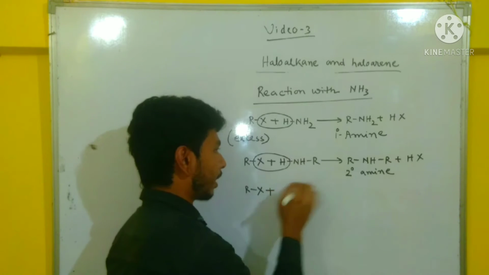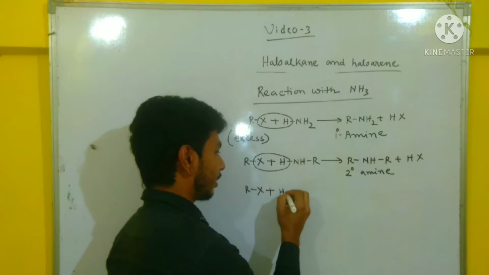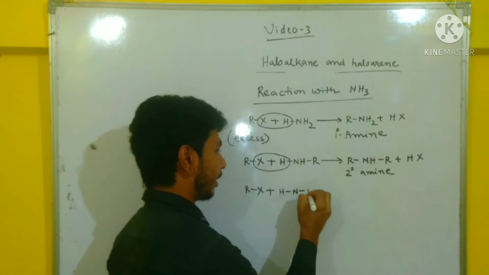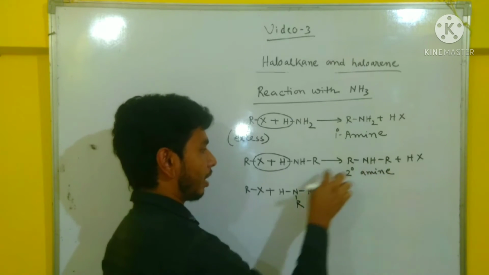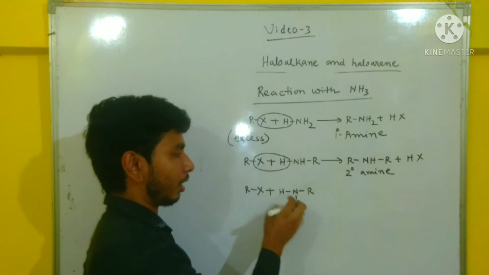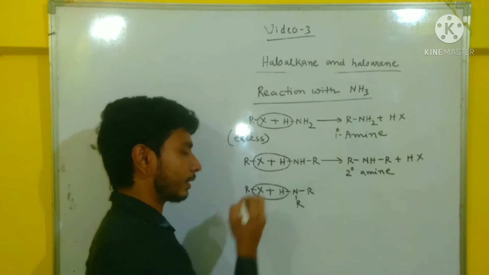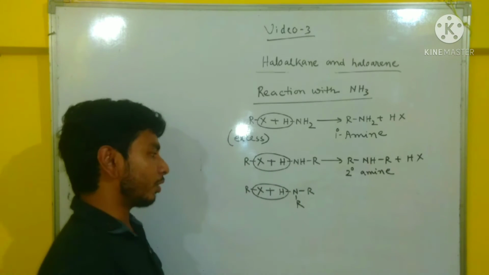So RX plus this product NHRR: again H and X, HX, is removed.